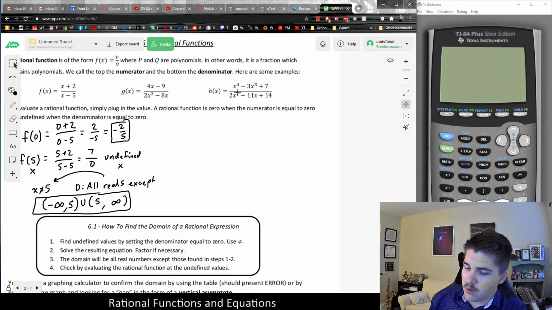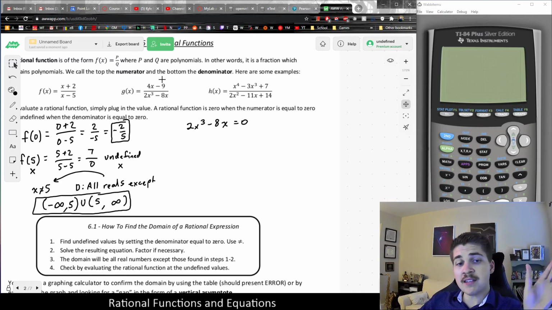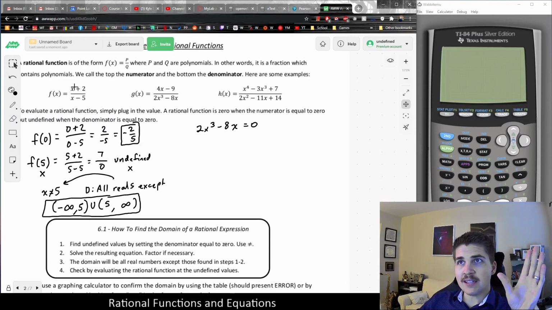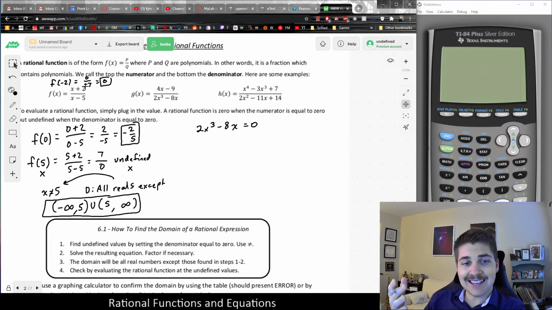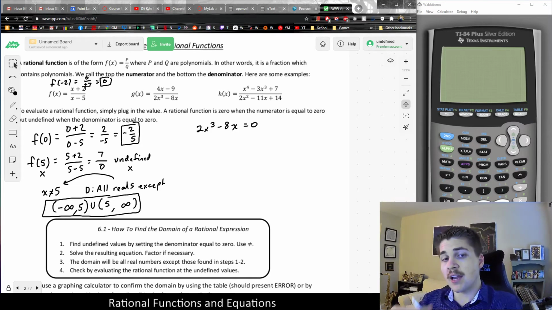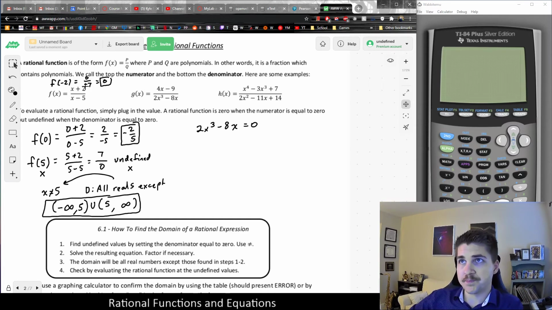Here, it would be anywhere that would make the denominator equal to 0 that would be undefined. Because the top being 0 is never a problem. Going back to f of x, let's say I was to plug in -2 here, that would give me 0 over -7. Well, 0 over -7 is 0, because you can take 0 and divide it up. You just can't take a number and divide it into 0 parts.